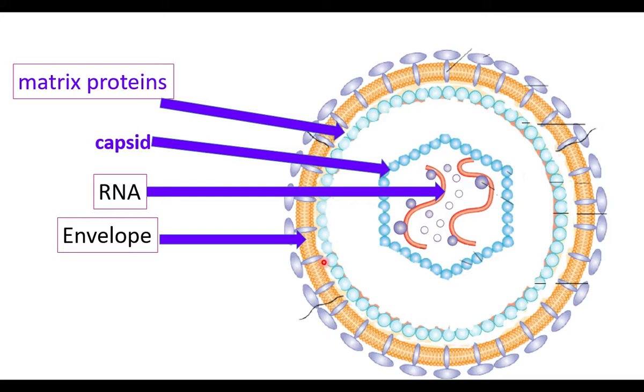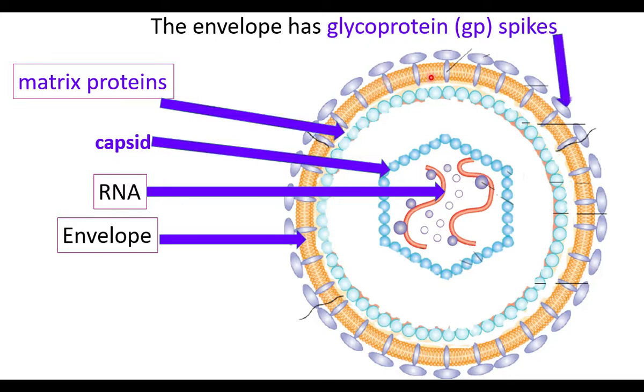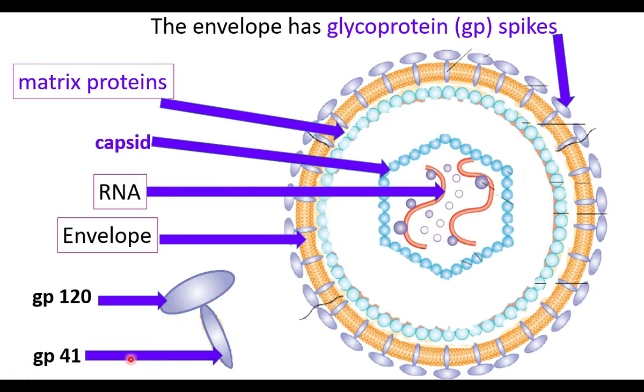The envelope is made up of lipoprotein. The lipoprotein envelope has glycoprotein spikes. Like other retroviruses, HIV also has glycoprotein spikes. This is a glycoprotein spike, a single spike. It has two regions. Glycoprotein 120 is like a knob, and glycoprotein 41 is inserted into the envelope.